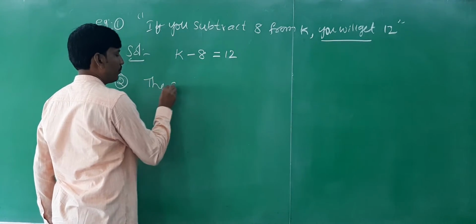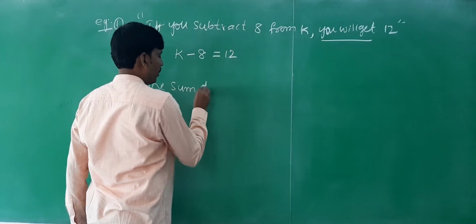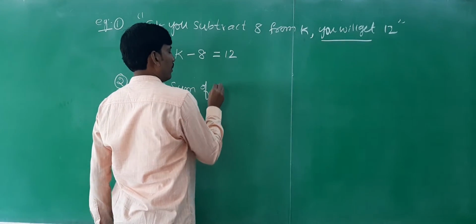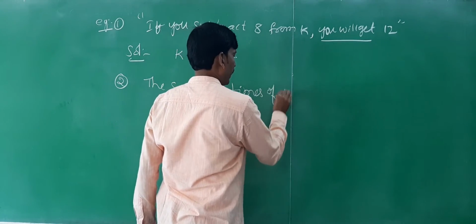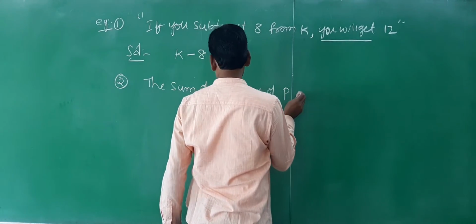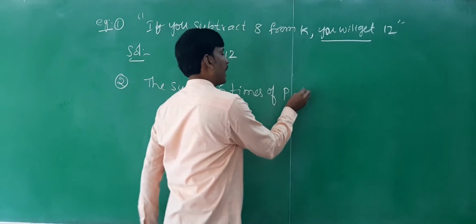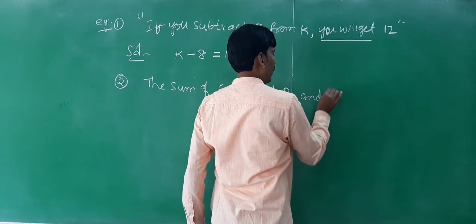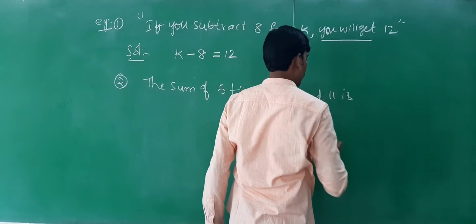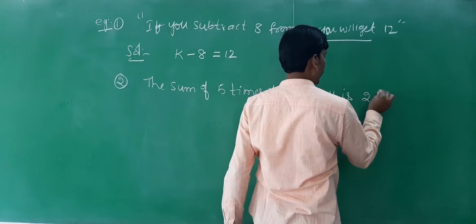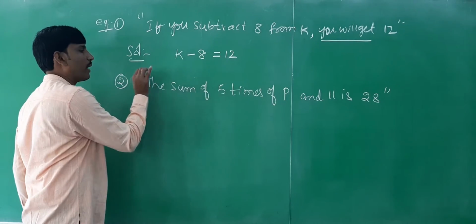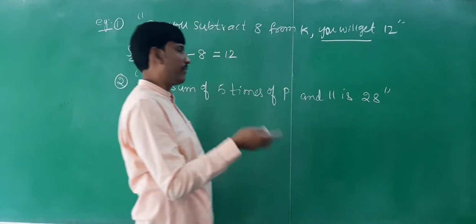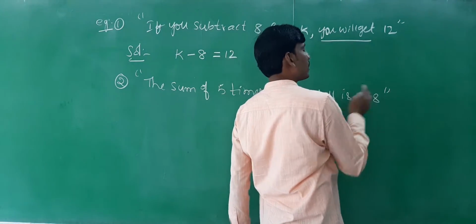The sum of 5 times of p and 11 is 28. See this here. The sum of 5 times of p and 11 is 28.